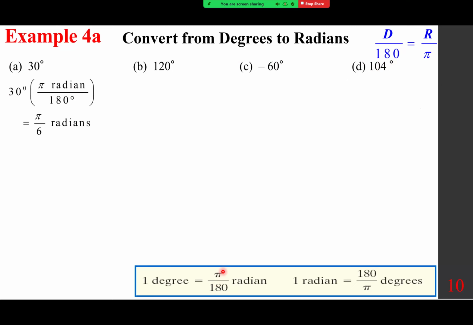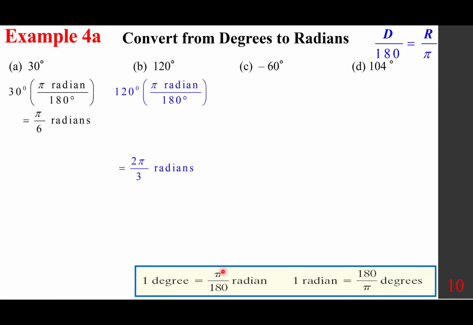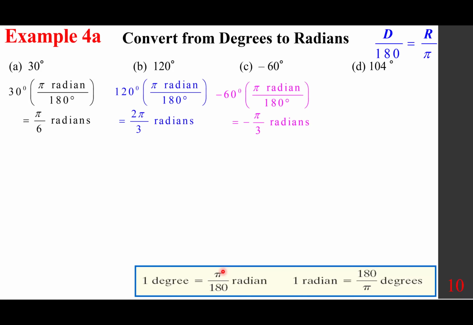So obviously we know this is pi over 6. This one, 2 pi over 3. This one, negative pi over 3.